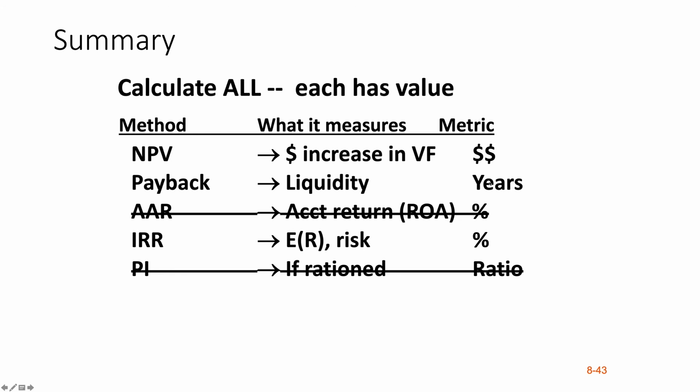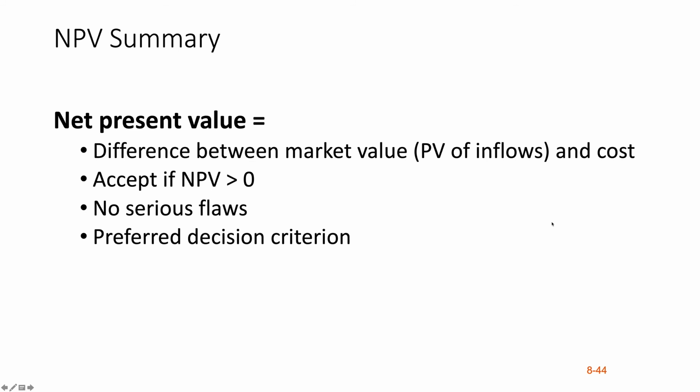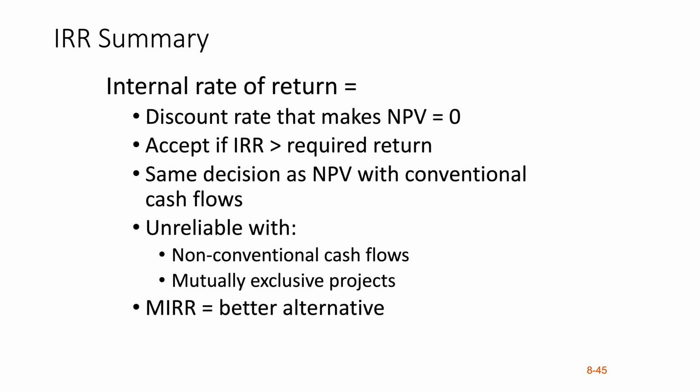Net present value rule: you accept it when the net present value is greater than or equal to zero. When it's equal, the rate of return is equal to the cost of capital. It has no serious flaws. It's a preferred decision criterion. Internal rate of return is the discount rate that makes net present value equal to zero.